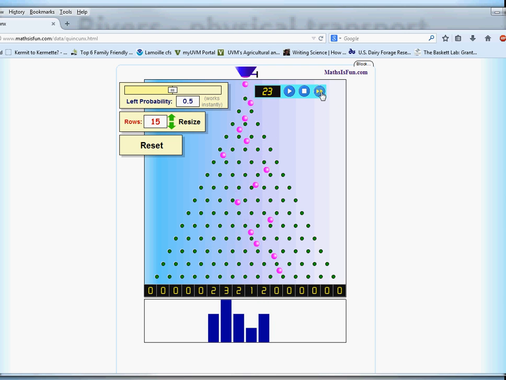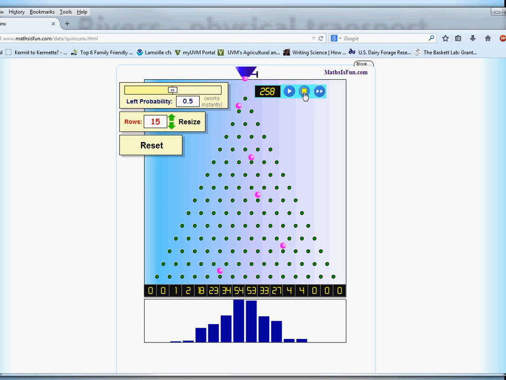You can see the more balls you have falling down here, the more normal this distribution at the bottom starts to look. Again, large sample size helps you out with this. Okay, well, you can see it starting to form a normal distribution there.